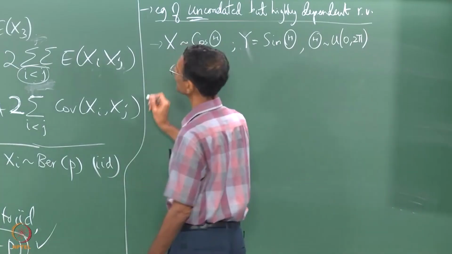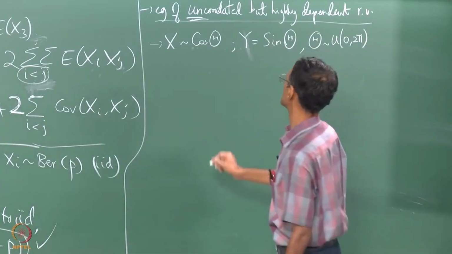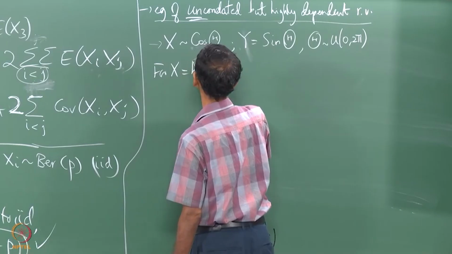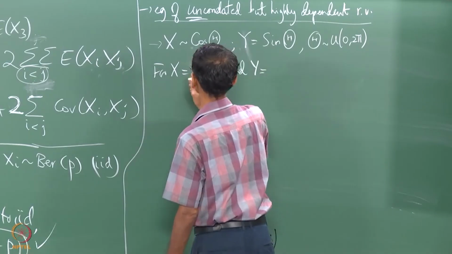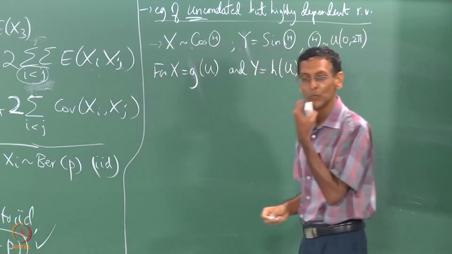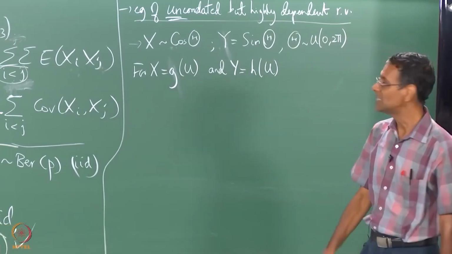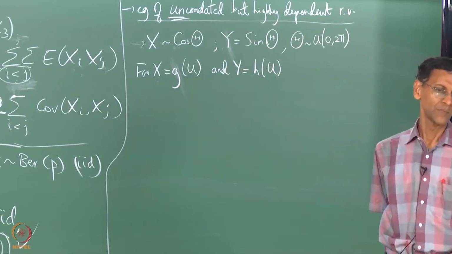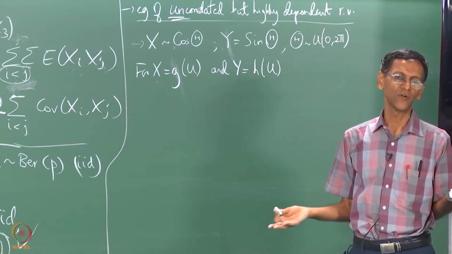So in general, how does the LOTUS principle work? When you have x equal to, let us say, g of u and y equal to h of u, where u is some arbitrary random variable, and you define two other random variables x and y, in general x and y do not have a joint PDF.